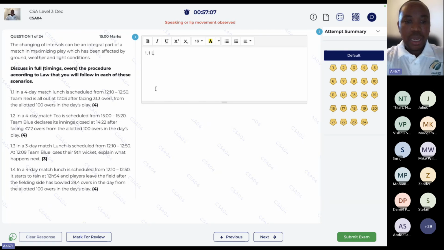So I will say here, law says that if an innings ends 10 minutes or less before the scheduled lunch break, lunch shall be taken immediately and shall be of the agreed length.